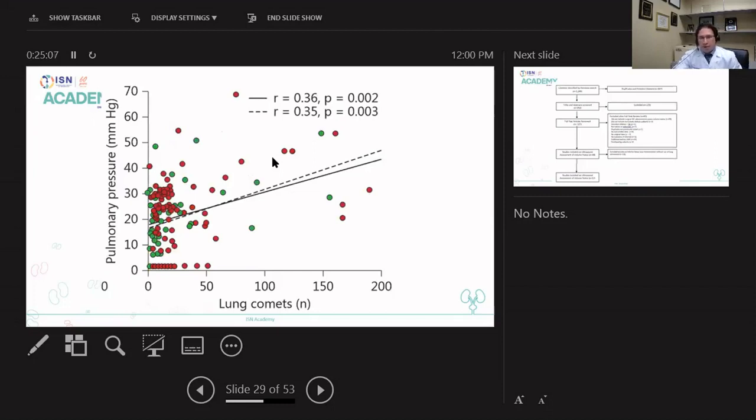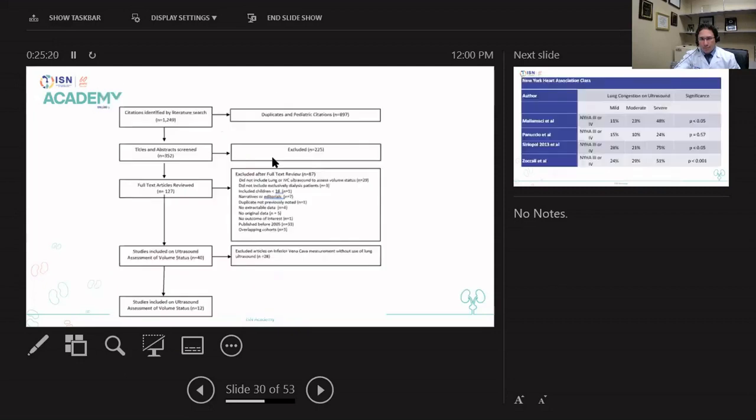This is all data from dialysis patients, all showing that the number of B lines correlate with echocardiographic parameters of filling pressure.